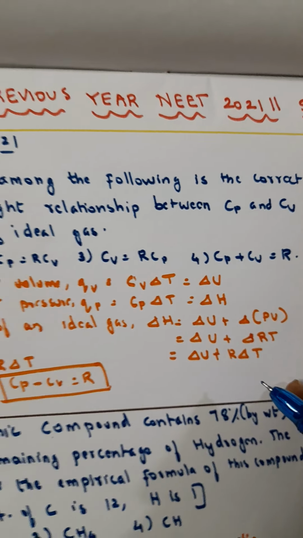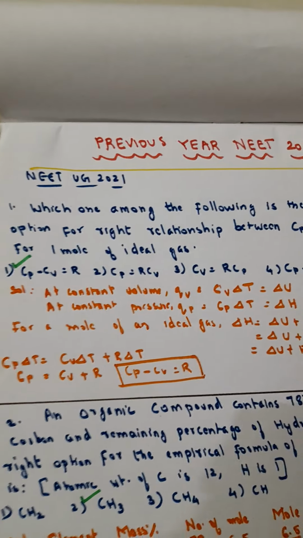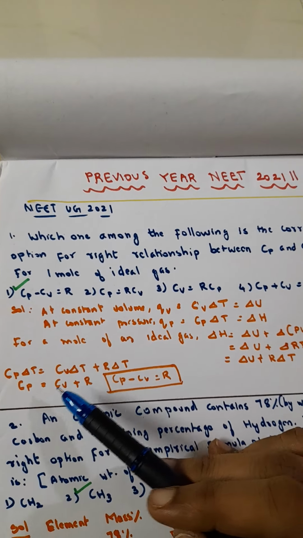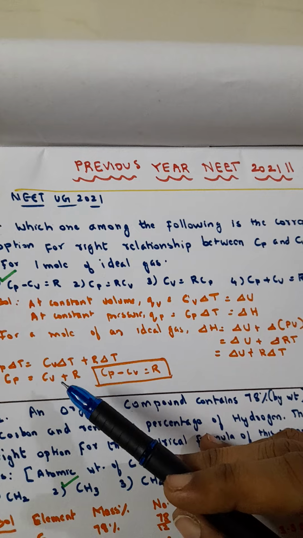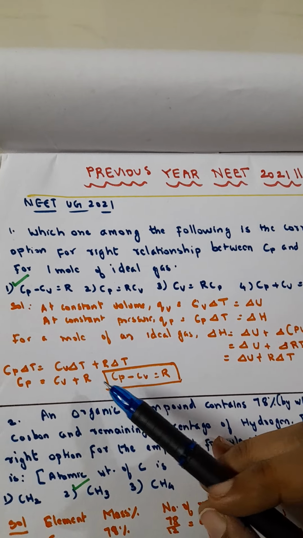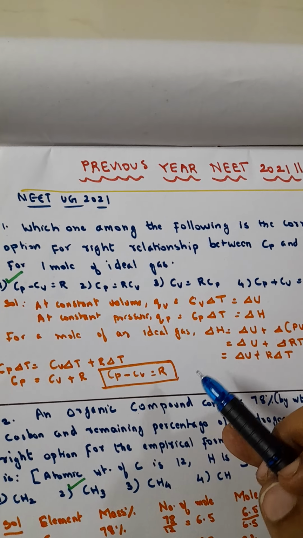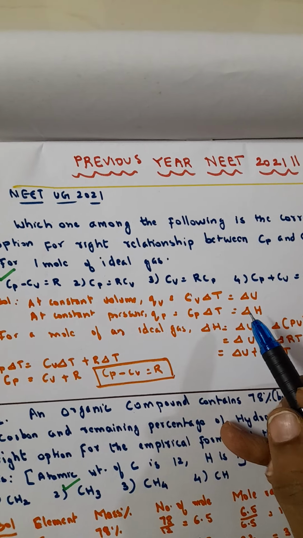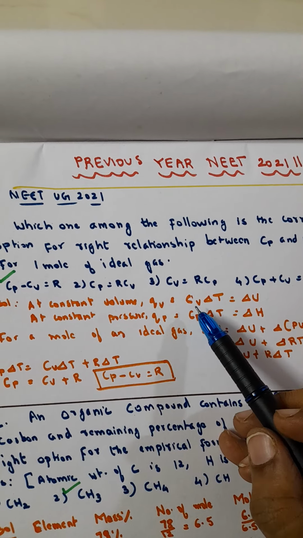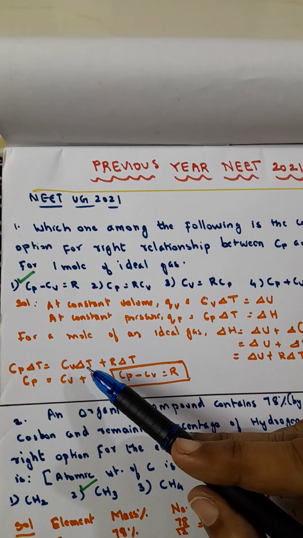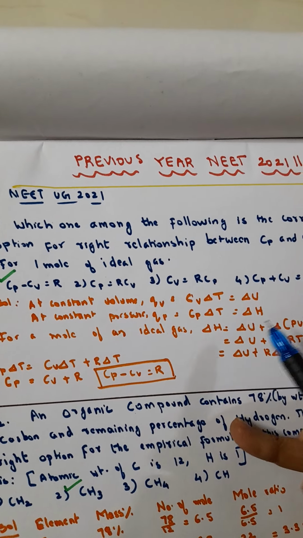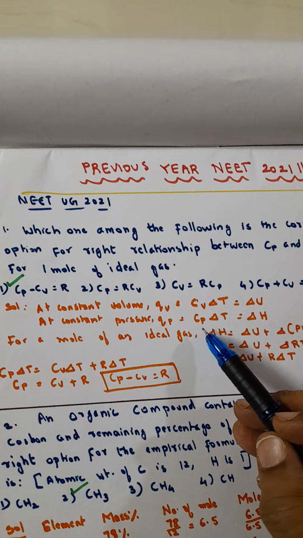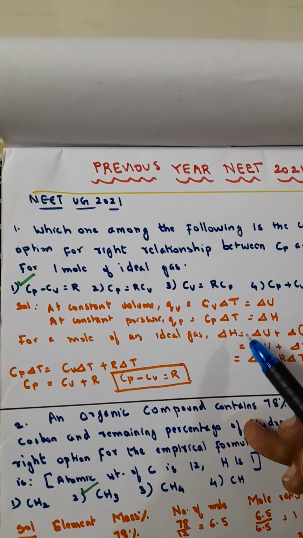So now we can write this as Cp delta T is equal to Cv delta T plus R delta T. We are just rearranging, because delta U we have taken as Cv delta T, and delta H we took as Cp delta T.